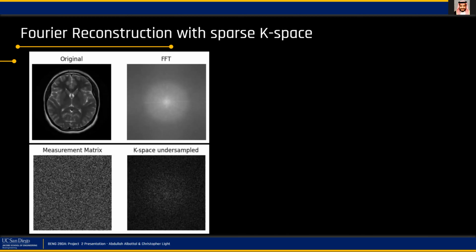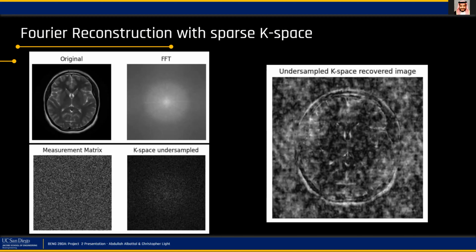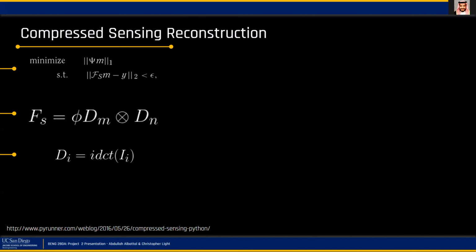One thing to notice, of course, as we saw in previous demonstrations, is that the magnitude is much higher in the center. As you can see, it's kind of circular. So there is a need for the incoherence to not, say, zero out everything in the center. And if we just do the inverse Fourier transform, we get a very high-artifact image that is just not very usable.